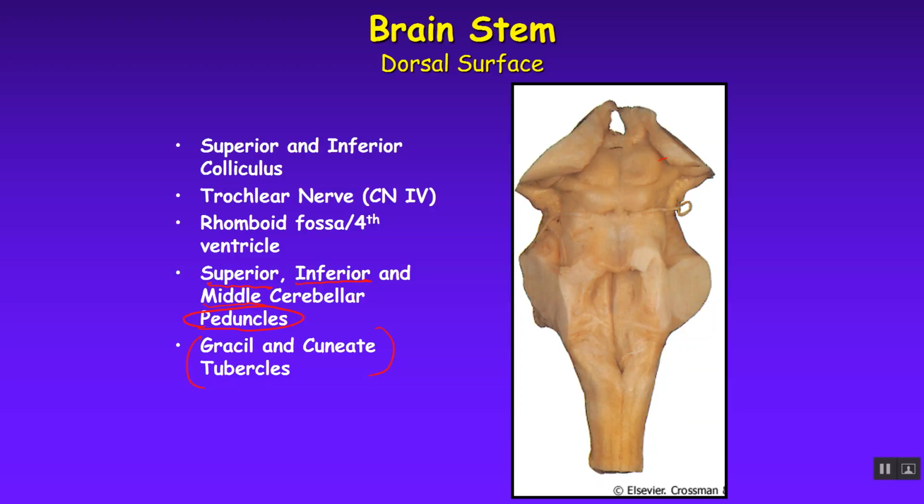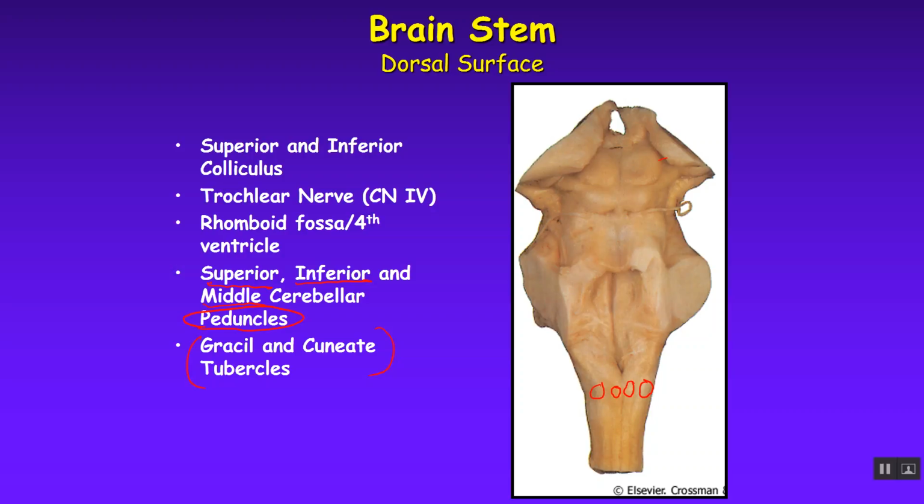These are a little hard to see. You can appreciate them on some specimens better than others. There's a little bump right here and a little bump right here, and another one next to it and another one a little farther out. You can see them better on the right side than the left side. Just beneath those are cell bodies.